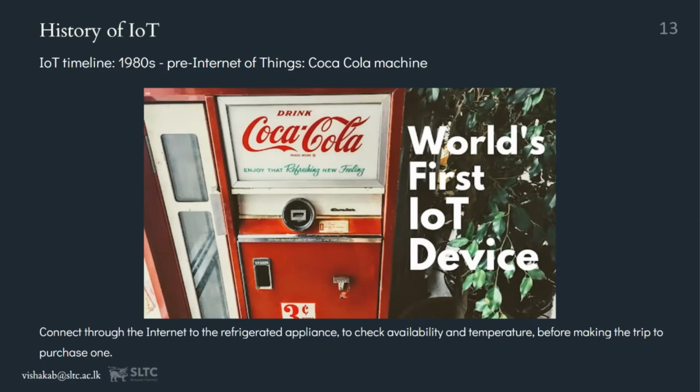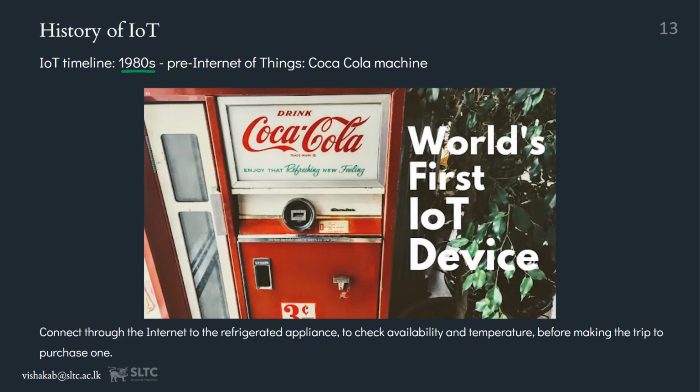However, even before that, in the 1980s, the first IoT network was introduced by an application where some students used a Coca-Cola machine to get updates about the Coca-Cola availability in that machine. So they used IoT technology to do that.